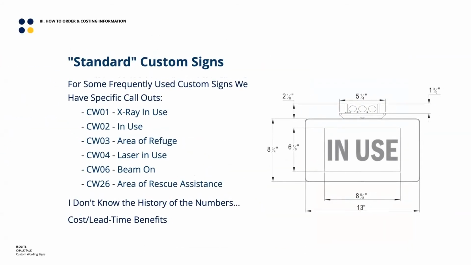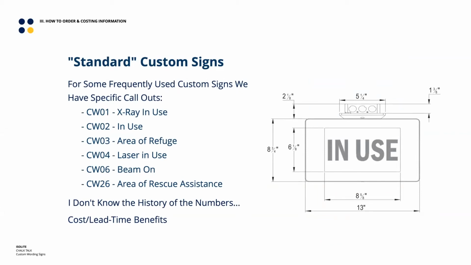I mentioned that we have standard custom signs and then custom signs, and I alluded to the fact that there was a little bit of confusing verbiage associated with that. Standard signs really are just ones that we do frequently, and we might have some additional parts sitting around to make them.